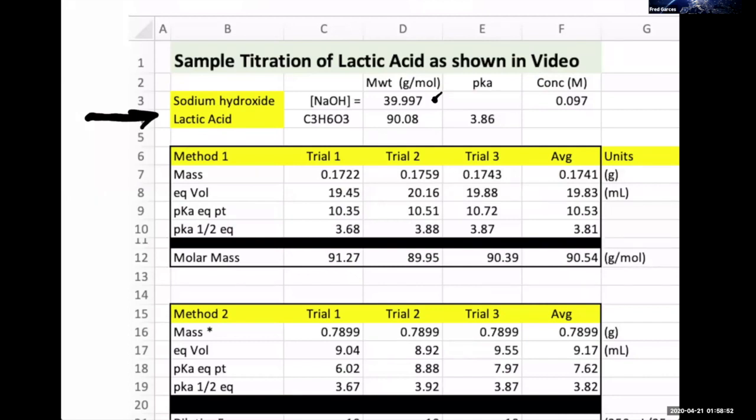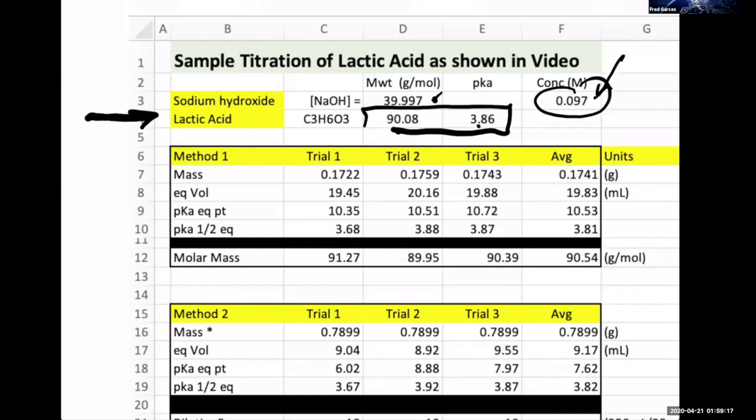You guys don't know that. That's ultimately what you guys are calculating. But I just want to show you that my calculation is consistent with what I have. The concentration of your sodium hydroxide is 0.097. So make sure that you have that because you're going to need that in your calculation. I also know lactic acid has a pKa of 3.86.